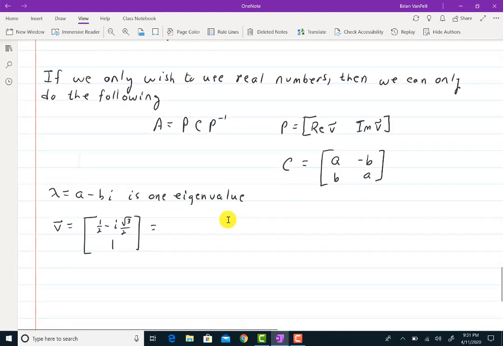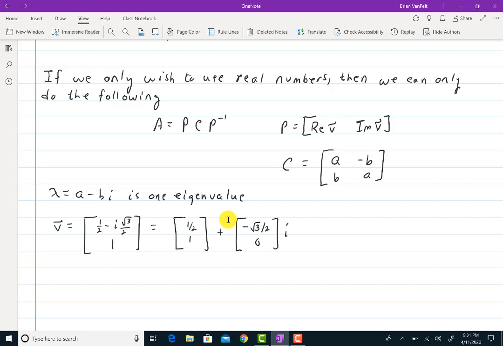What I'm going to do is break this up into two pieces: 1/2, 1, and then plus negative radical 3/2, 0 times I.